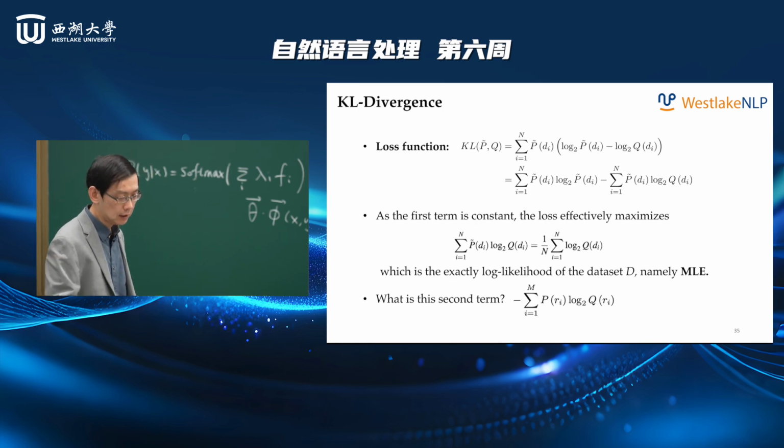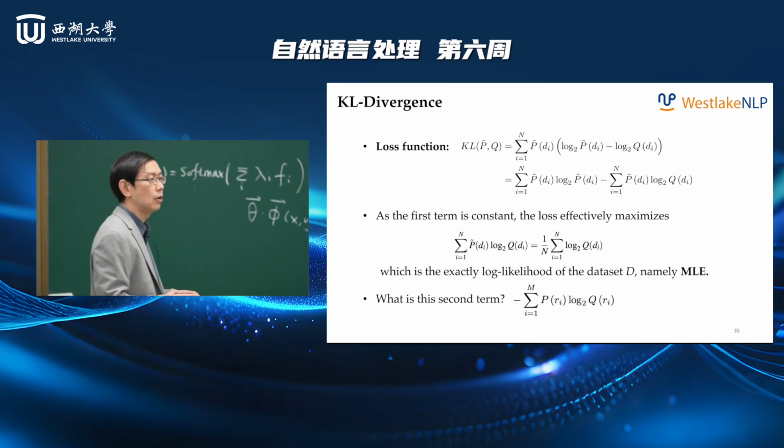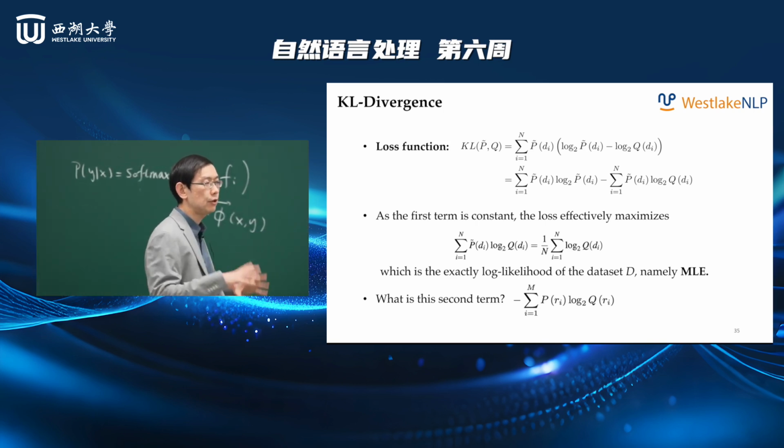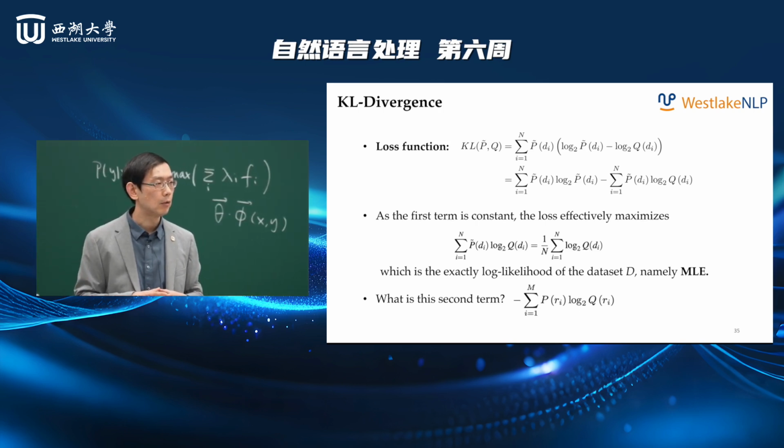Let us again go back to the P tilde case. In this case, every document, every training instance DI is a random variable value.